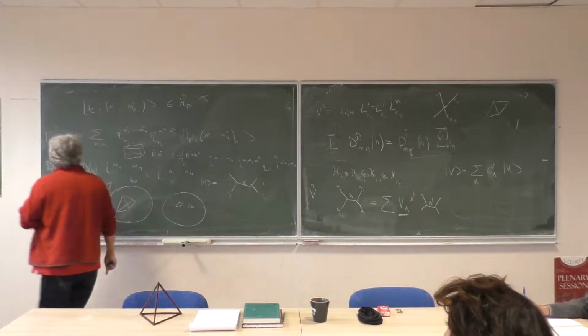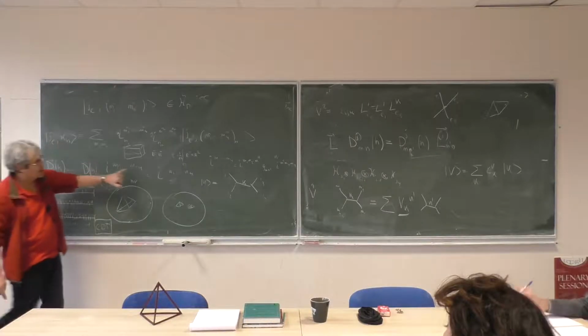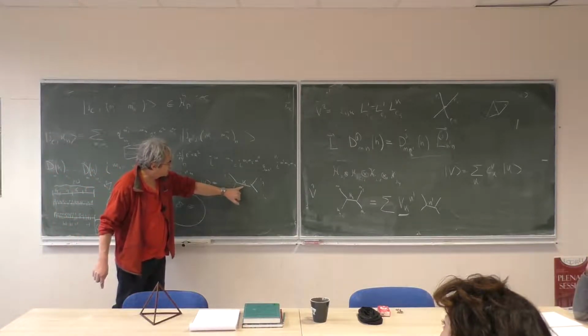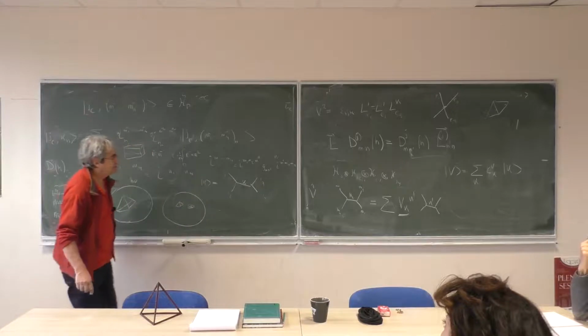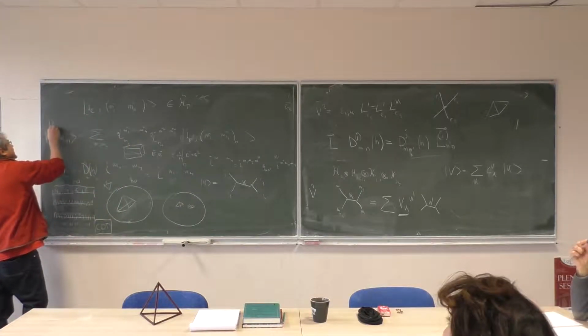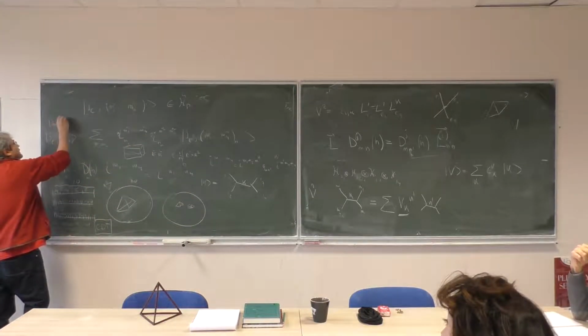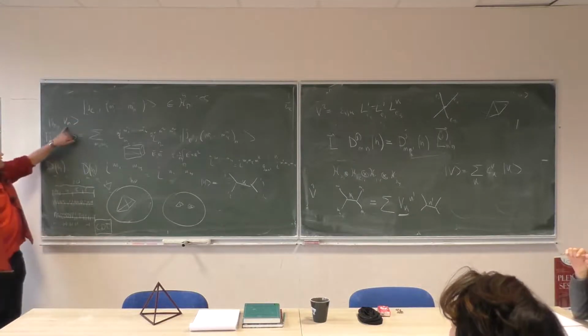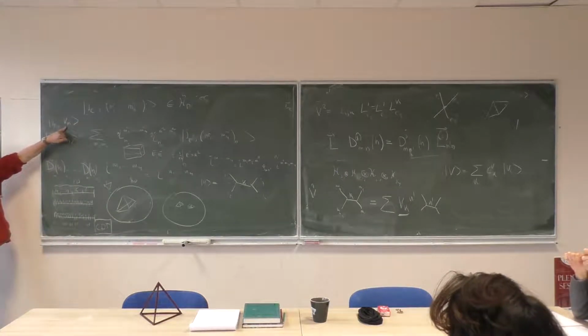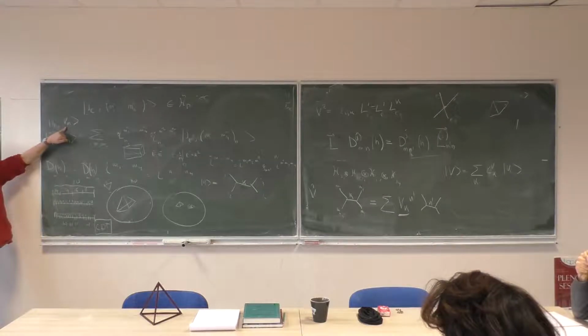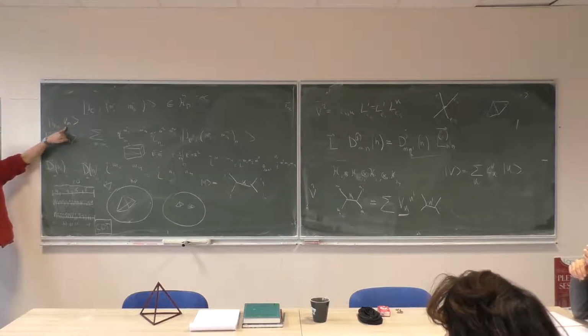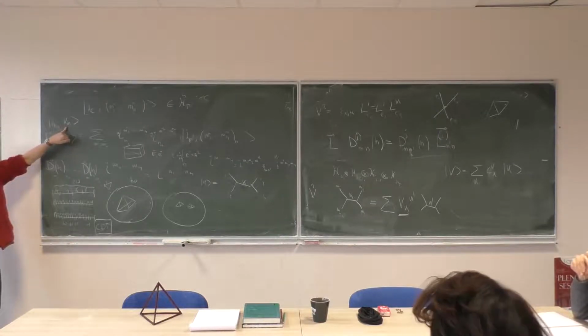And instead of using a basis where you have this basis here, you can use this basis there, |j_l, V, n>, where you have directly the eigenvalue of the volume. To do it explicitly is boring, complicated, and nothing interesting has come out of that.